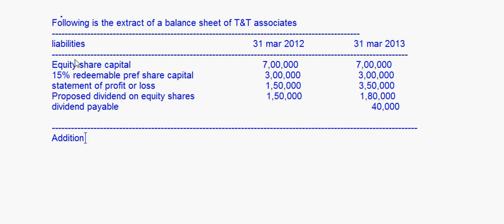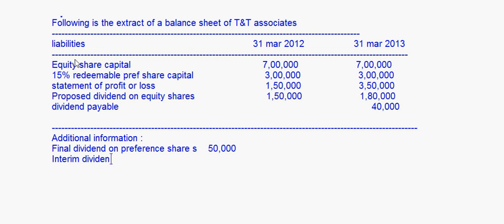After that, you have been given some additional information. Now this additional information, the first one, final dividend on preference shares is 50,000, right?